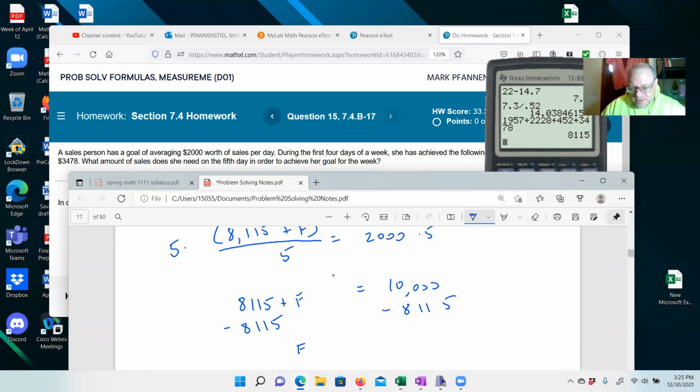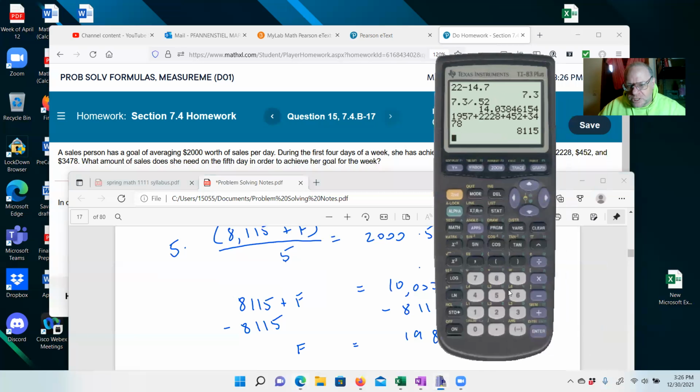We end up with F is equal to, what are we going to have here? 1985. No, 1995. No, it is an 8, because this will add to that, we'll add 8 plus 2, and then that would be 10, add 1 to the 9, and it will be set.